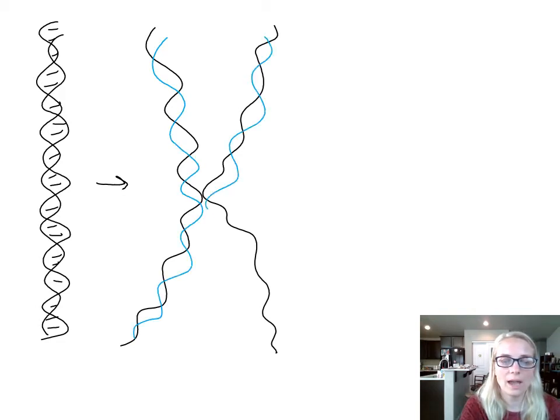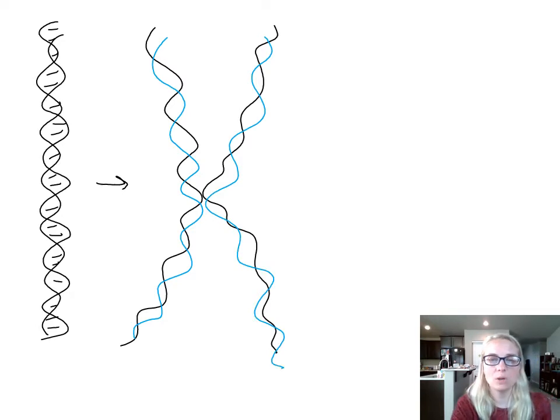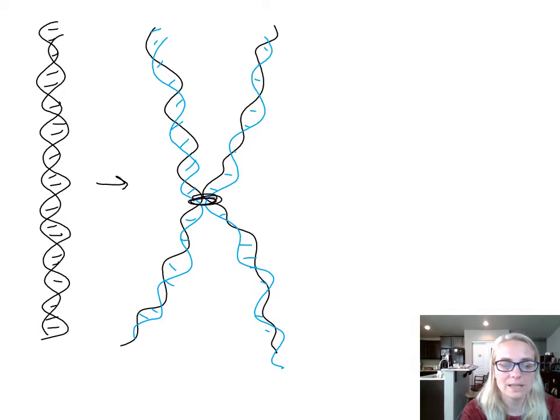Each half of the original DNA becomes a template for the daughter half. And so these are going to have the same exact sequences of A's, T's, C's, and G's, and they're held together by this dense area called the centromere.